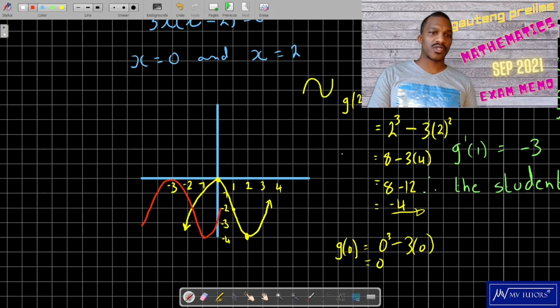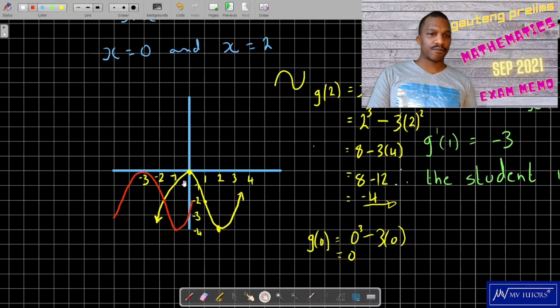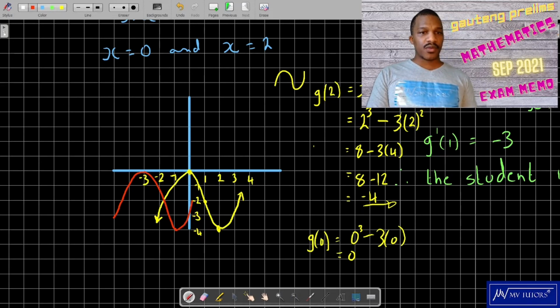Okay, this red one. So to get your value of k, all you have to do is look at how many times it shifted to the left. That's all you have to look at. Let's count: 1, 2, 3.